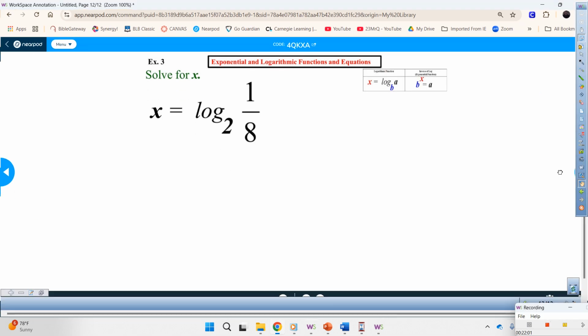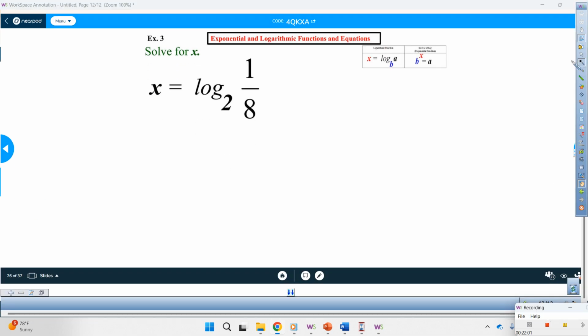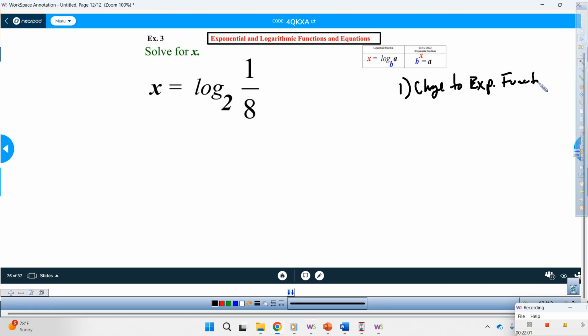So let's do this one together. Step 1, write it on the side. Change to exponential function. So change that to exponential first.